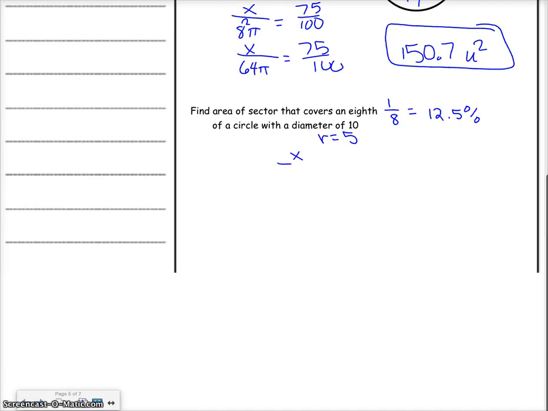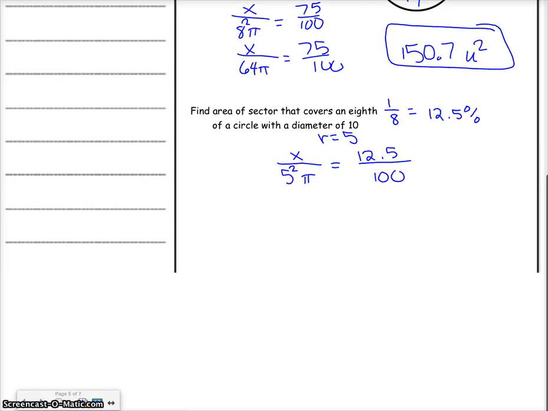Part of my area is to my whole area, pi r squared, so 5 squared pi, as part of my percent, 12.5, is to my full percent, 100.